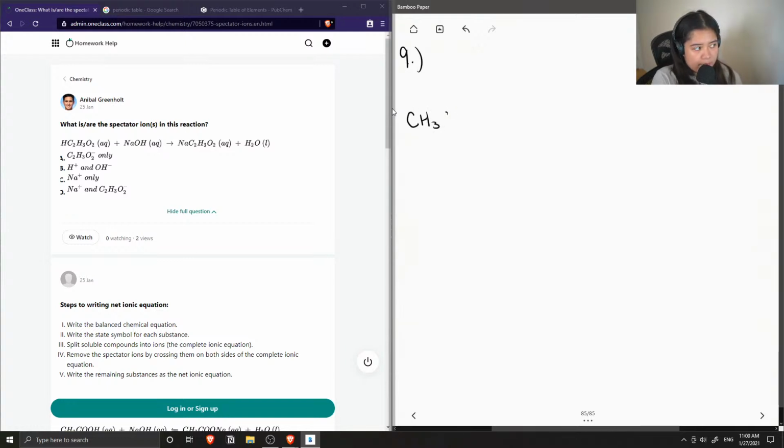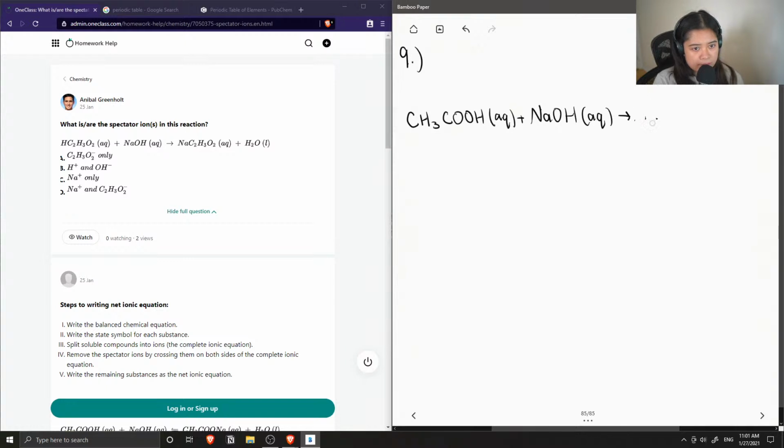So I'm just rearranging the atoms to make it easier to see it as acetic acid, which is aqueous, and it reacts with sodium hydroxide to form sodium acetate.